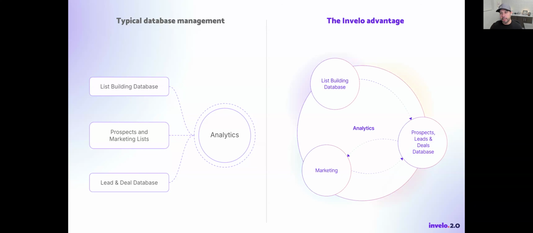And then it feeds back into your prospects, leads, and deals. So you understand what marketing is working the best, which is not, and which lists are performing the best. Where am I getting the sources of my data that's performing better than others? And you can see the analytics just sits on top of it. So everything is tracked.